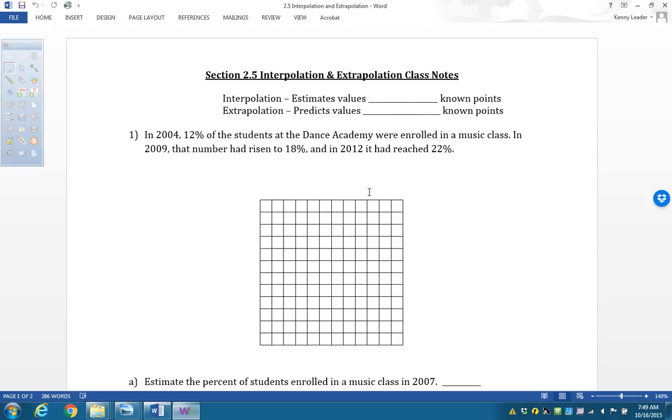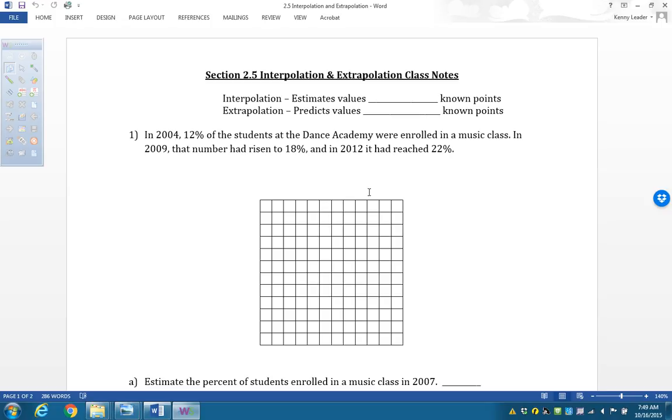It's probably closer to 30,000 or something like that. We could make a line and show a graph of that. Extrapolation would be saying, based on this linear relationship, what would the population be in 2050 or something like that? That's extrapolation, when you go beyond.